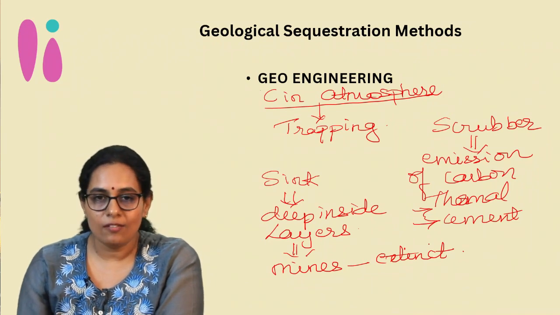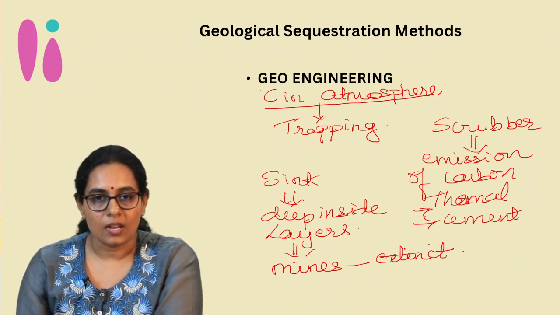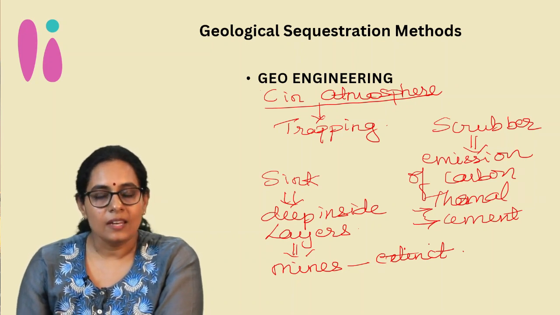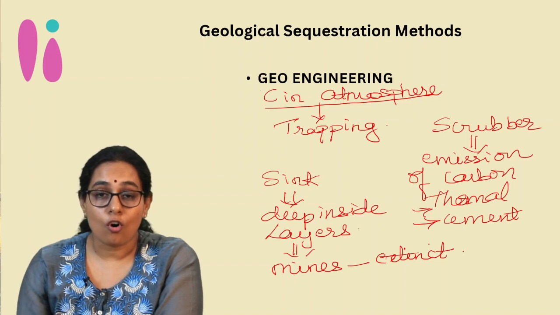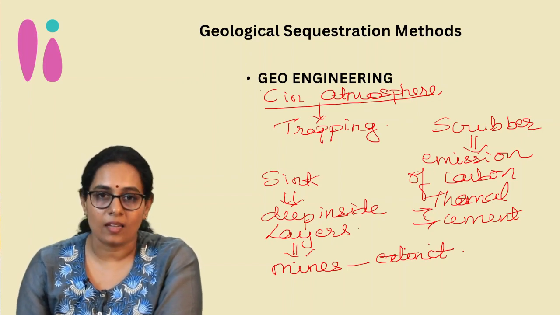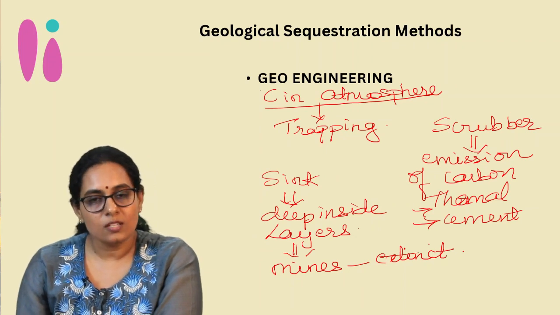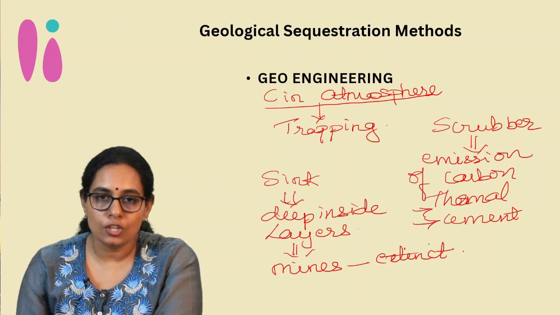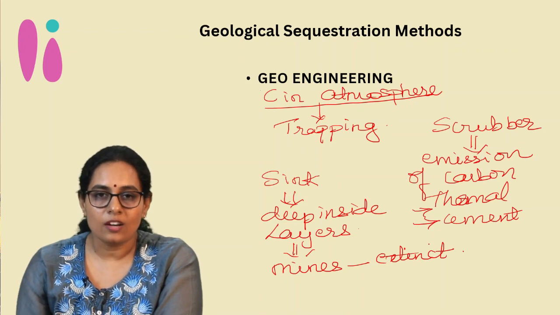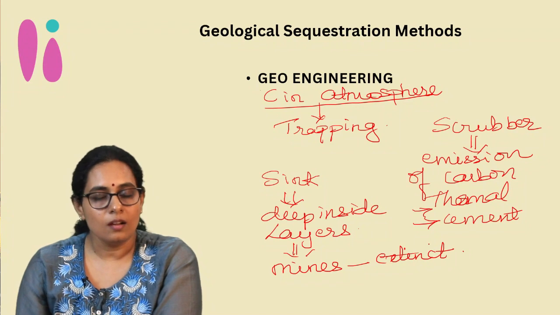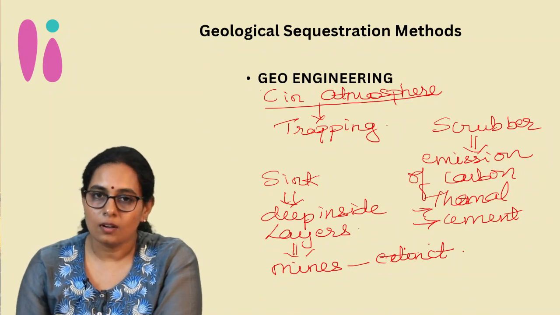So efficiently we can put carbon into these hollow regions of extinct mines, and it can be trapped there for longer durations and is not released back into the atmosphere easily. So this is one of the methods of geoengineering where we are trying to do carbon sequestration in the lithosphere of the earth.